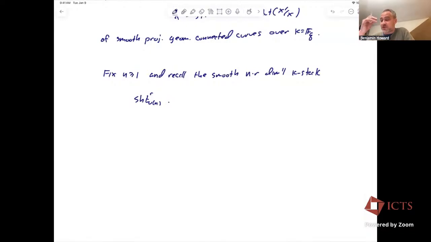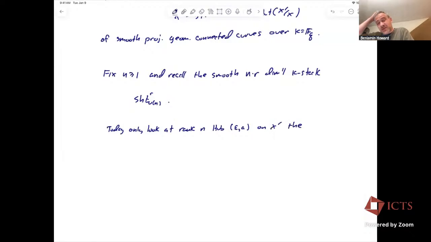So we're mostly interested today, maybe entirely interested today, in the case where d equals n, so that we actually get 0 cycles. So today, we'll only look at rank n Hermitian vector bundles E A on x prime.